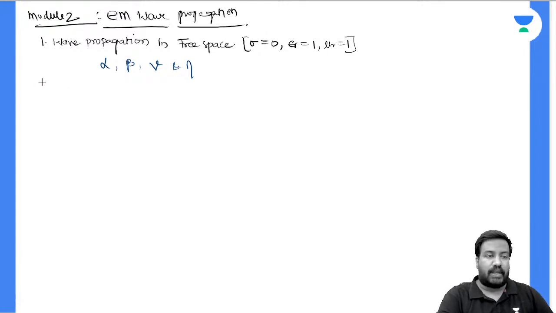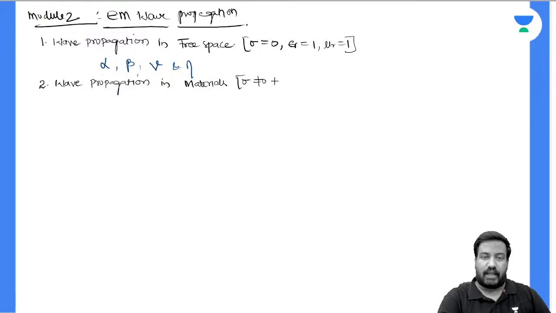Next is wave propagation in materials, with finite conductivity, sigma not equal to 0, epsilon r greater than 1, mu r greater than 1. Here we have derived generalized expressions for alpha and beta.